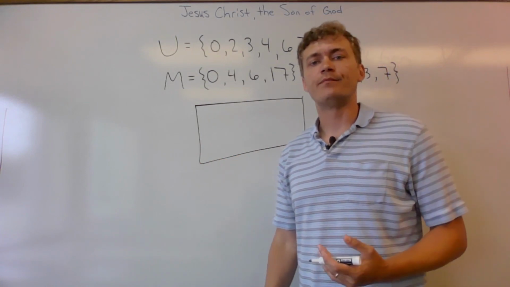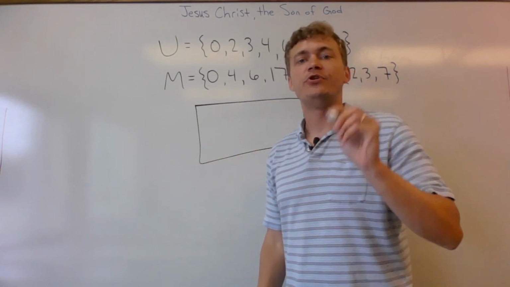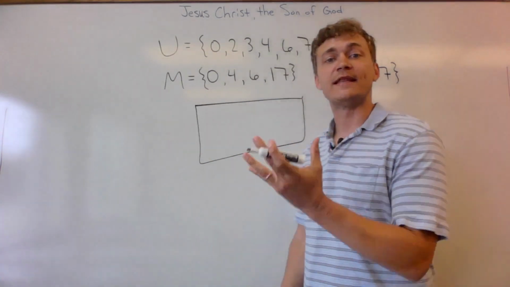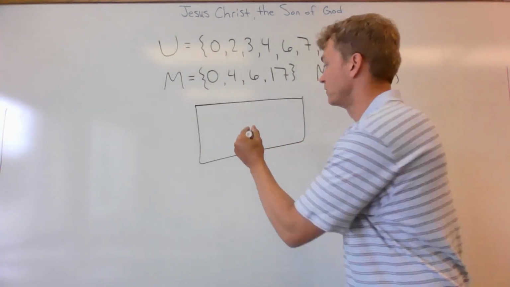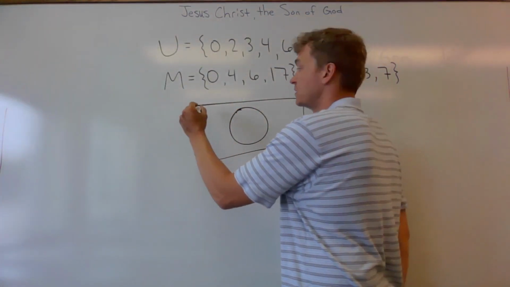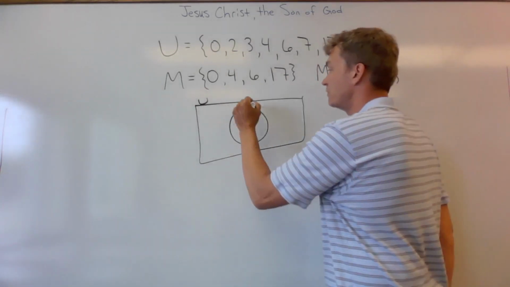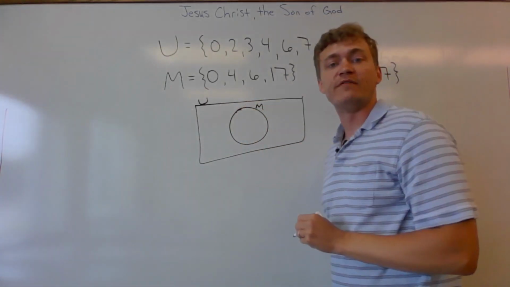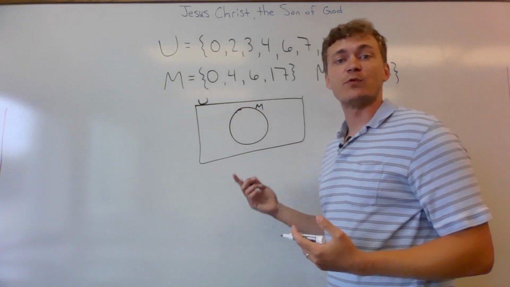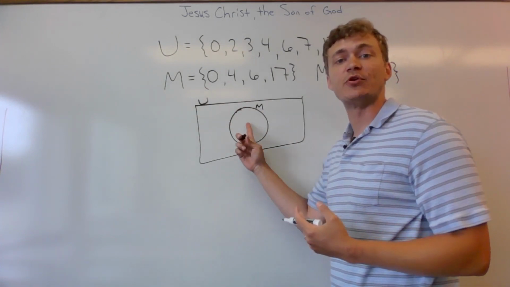Now we'll go to M, that's the set of interest. We will use a circle to denote the set M that lives inside of U. So here, our box is the universal set. Our circle will be defined as the set M. And as we note, M contains 0, 4, 6, and 17. So we'll place them directly in our circle.